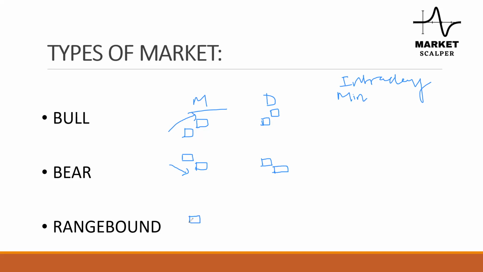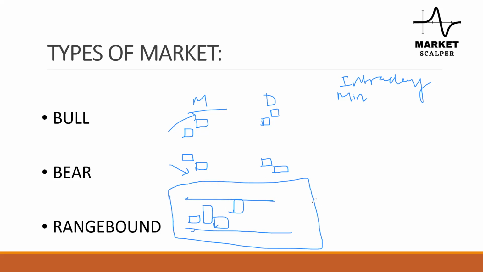In the case of range bound, you would see that the market would be something like this. It is in one particular range, and the market would be fluctuating only within this particular phase. This also happens when the market is consolidating.